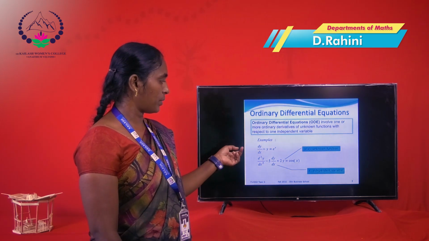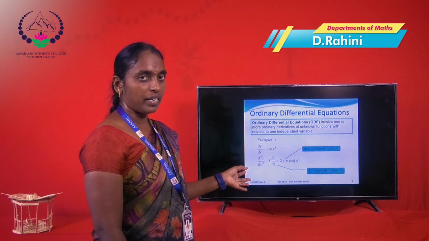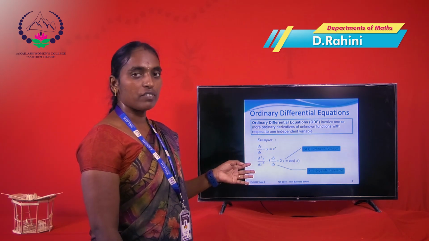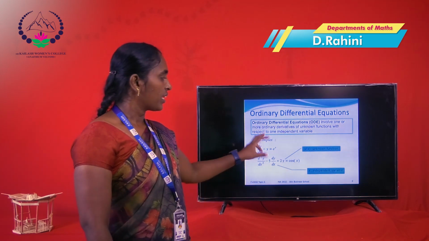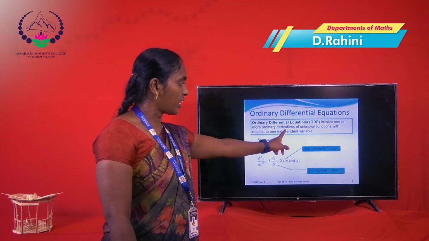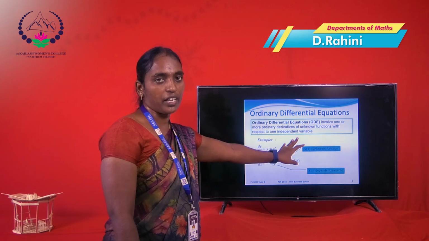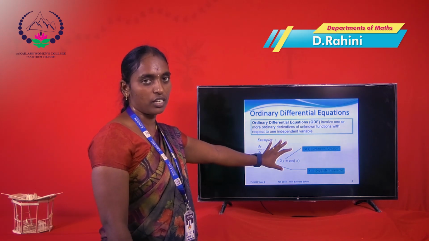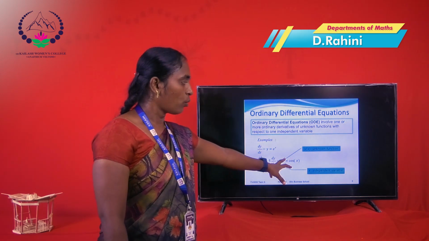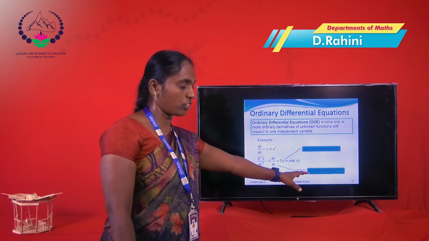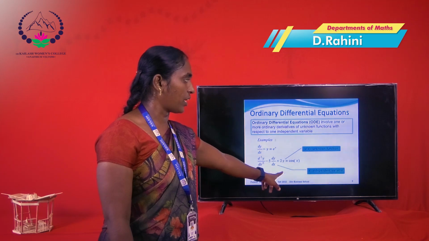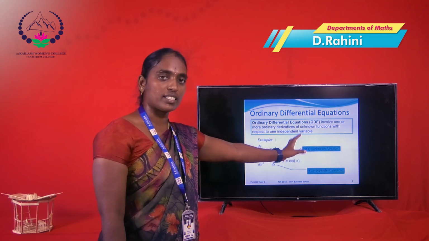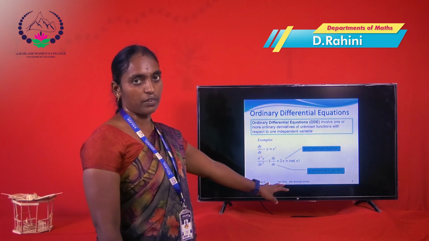The second example is d square y by dx square minus 5 into dy by dx plus 2y equal to cos x. In these examples there is only one independent variable. Here y of x is an unknown function and x is an independent variable. So an unknown function of one independent variable is called an ordinary differential equation.